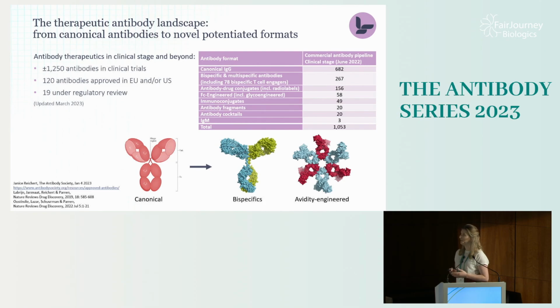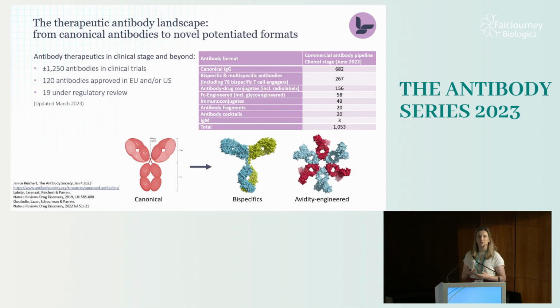Because we now see that there are over 1,000 antibody therapeutic clinical candidates in clinical trials, and over 100 approved. And of those many antibodies in research, still many of them are of the canonical IgG format, so just regular monoclonals.